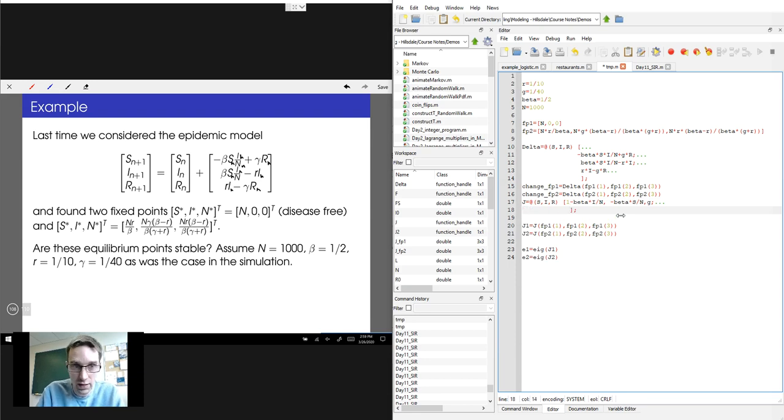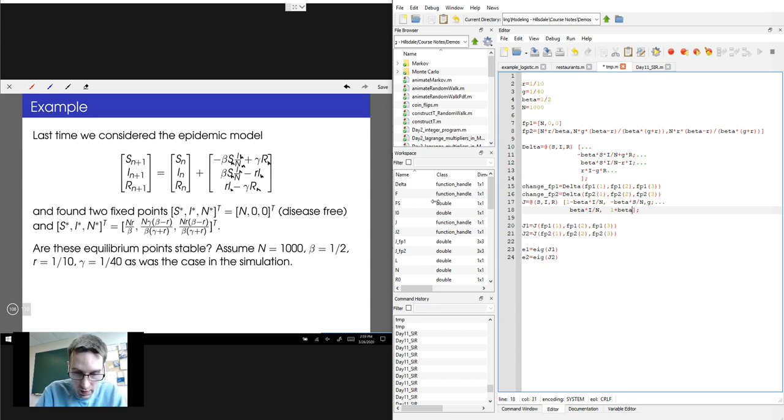All right, and we'll move on to the next row. Taking a derivative with respect to S, I see one term, the one in the middle here, and that is going to be derivative beta I over n. All right, the next one, taking derivative with respect to I, this one's going to take more work. Notice we have a 1 from the vector, the old value, plus, when we take the derivative of the next term, that has an I as well.